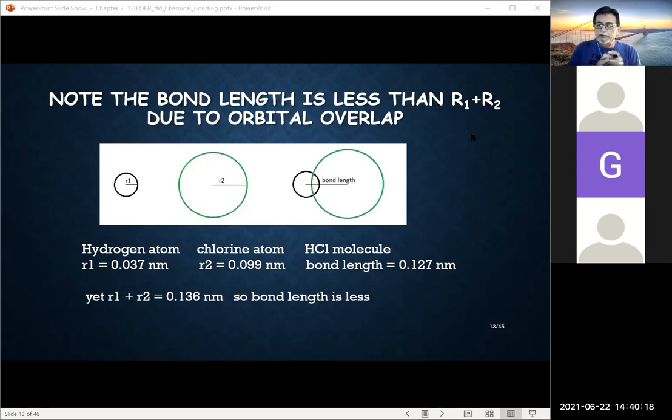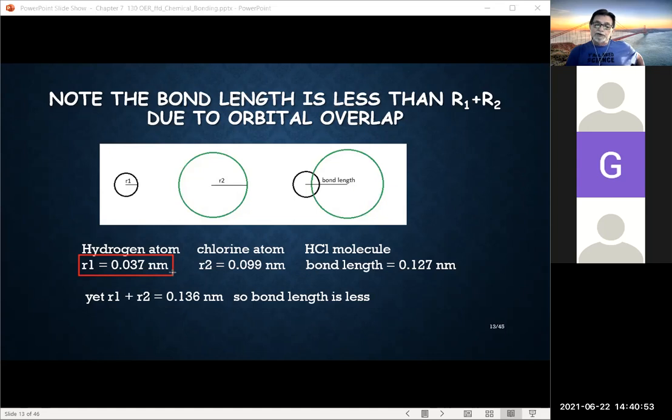Now, the hydrogen atom has a specific radius given there by R1, which has a diameter of 0.073 nm. N is nanometers here. Okay, you ever heard of nanobytes? When we hear the prefix nano, we're down at the atomic scale.